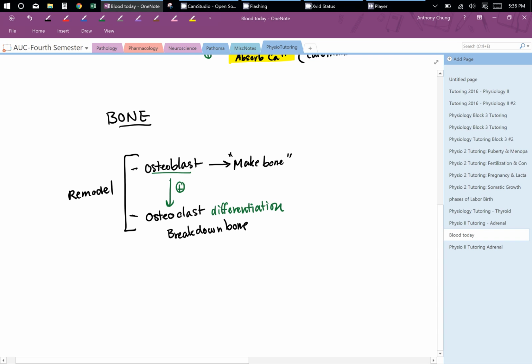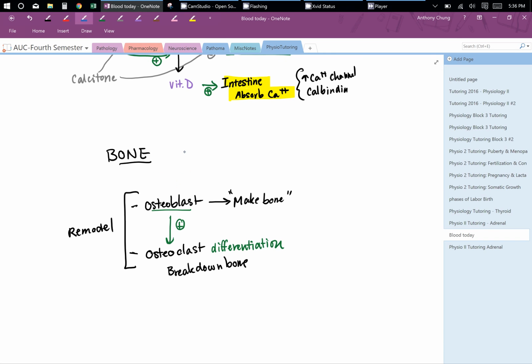And what PTH does is PTH will just stimulate osteoblasts. So it seems counterintuitive if you don't realize that osteoblasts actually help the osteoclast differentiation. And ultimately what's happening is you're breaking down bone.